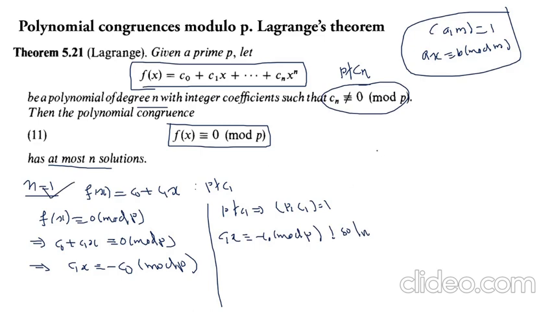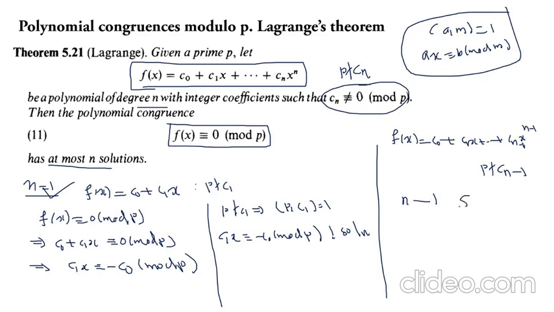Since the result is true for n equal to 1, we assume that the result holds for all polynomials with degree n minus 1. So if we take a polynomial f(x) = c0 + c1x + etc. + c_{n-1} x^{n-1} with p not dividing c_{n-1}, then the congruence f(x) ≡ 0 mod p has at most n minus 1 solutions.